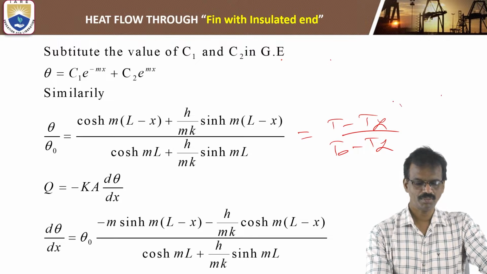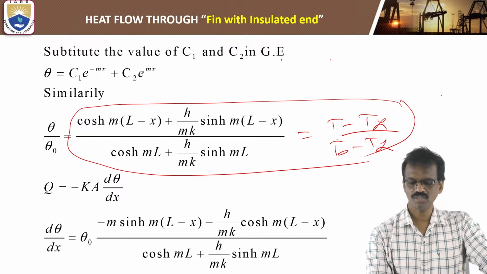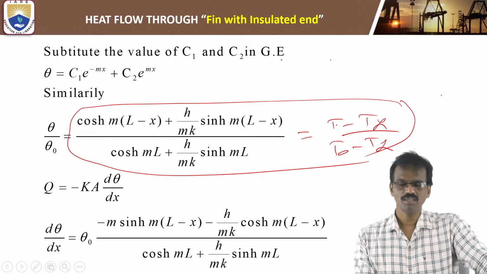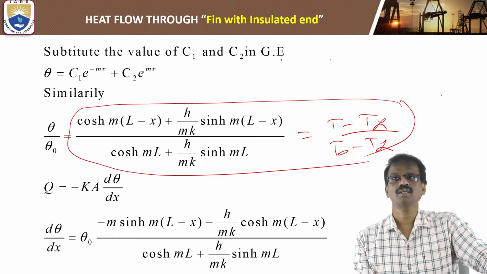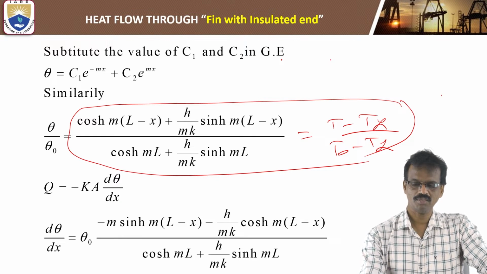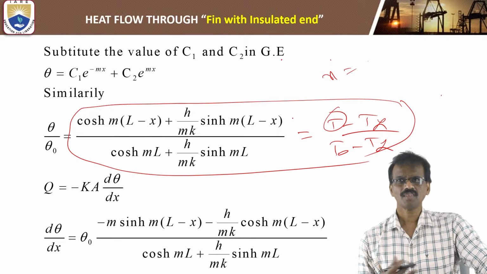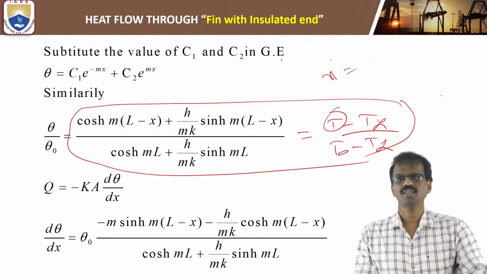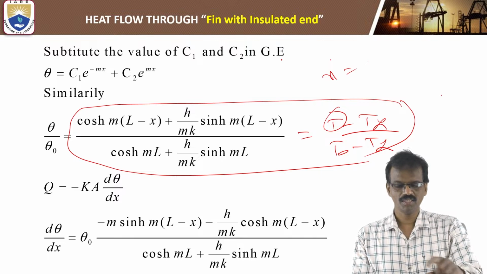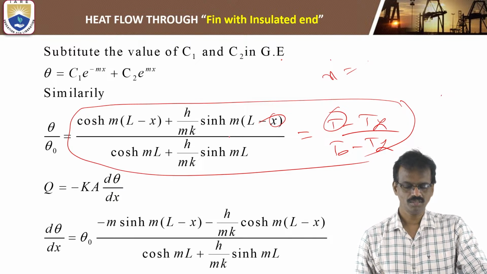So this is the temperature formula. By using this temperature formula, you will get the temperature at any particular distance. If the x value is given, then you can find out the temperature. If the temperature is given, you can find out the particular distance x value. So this is the formula.